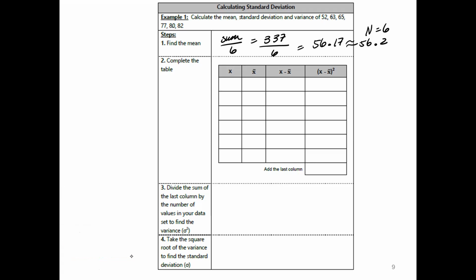So then next we're going to take these numbers here: 52, 63, 65, 77, 80, 82, and you're going to subtract each from the mean. And the mean that you just found is 56.2. So let's go ahead and subtract that.